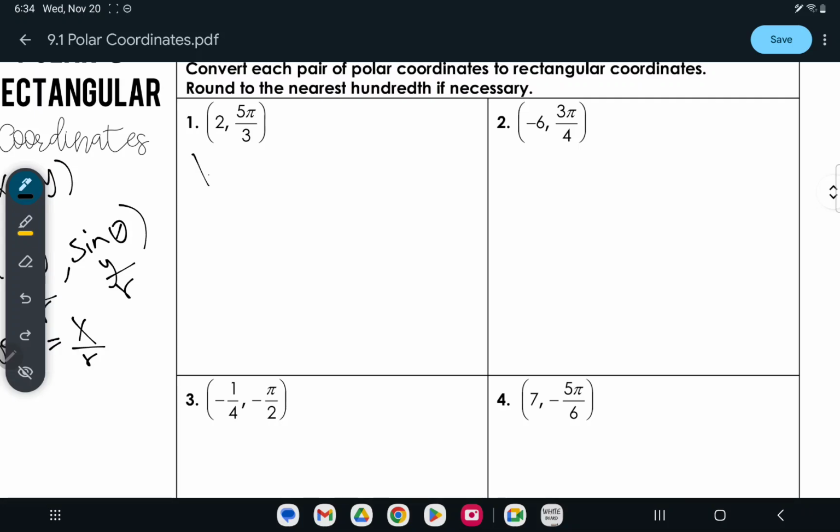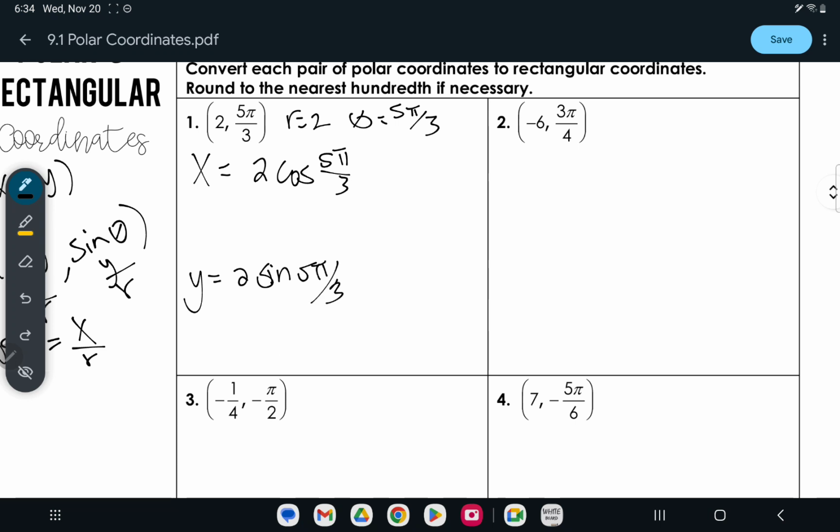So x is r, which is 2. R is 2. Theta is 5 pi over 3. So x is 2 cosine of 5 pi over 3, and y is 2 sine of 5 pi over 3.